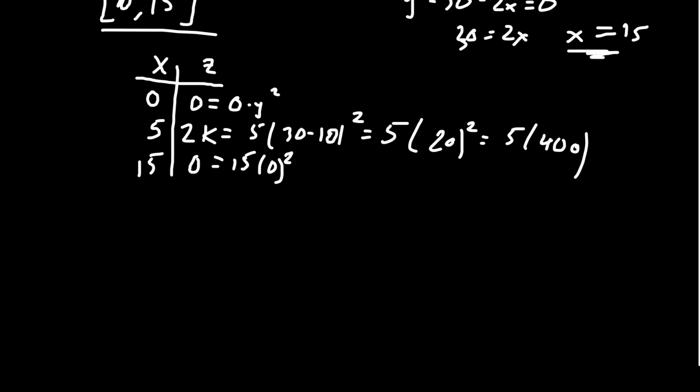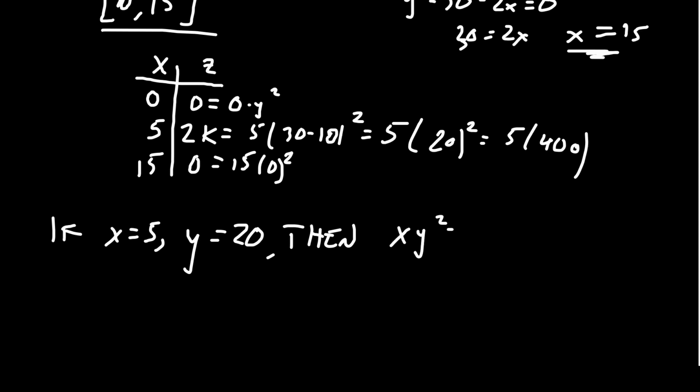And that's going to be our optimal solution here. So notice, if x equals 5 and y equals 20, so these are non-negative integers, so that 2x plus y equals 30, then xy squared equals 2,000 is maximal.